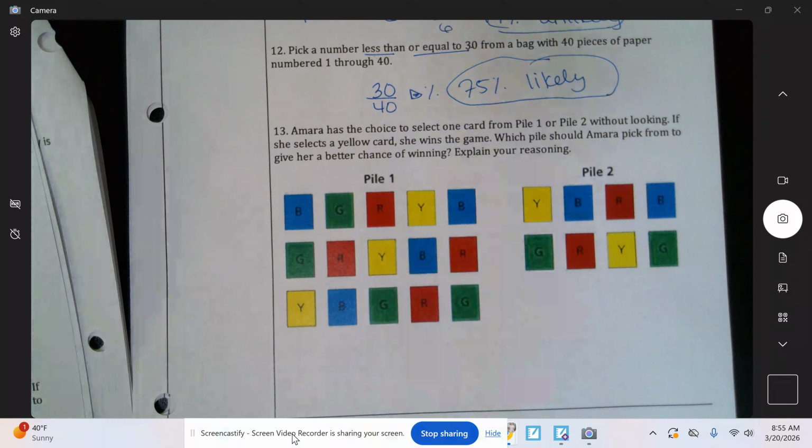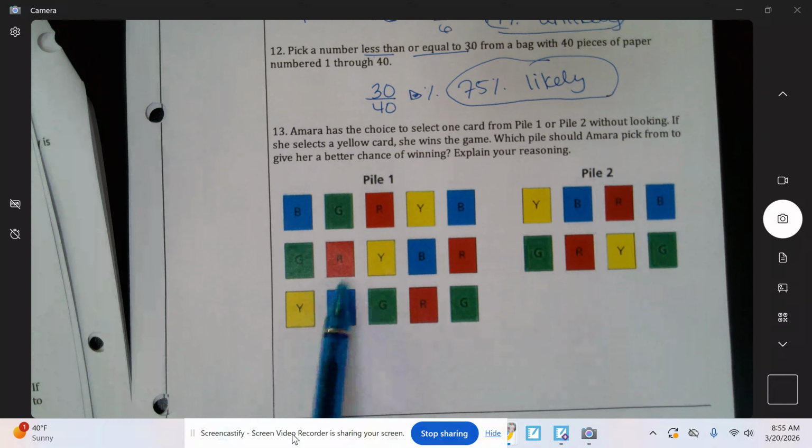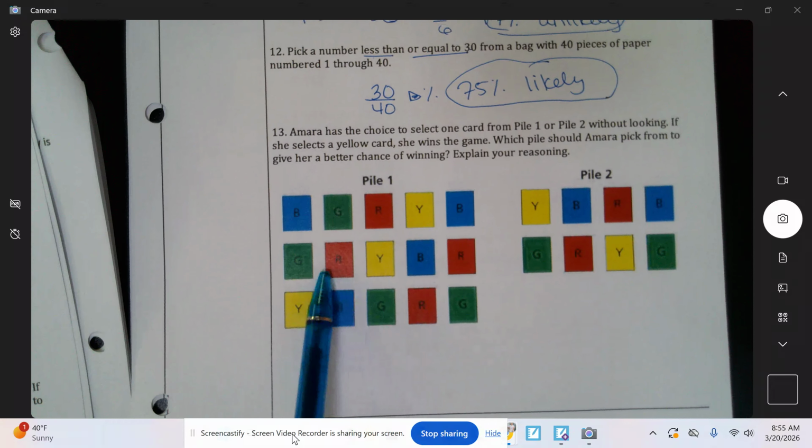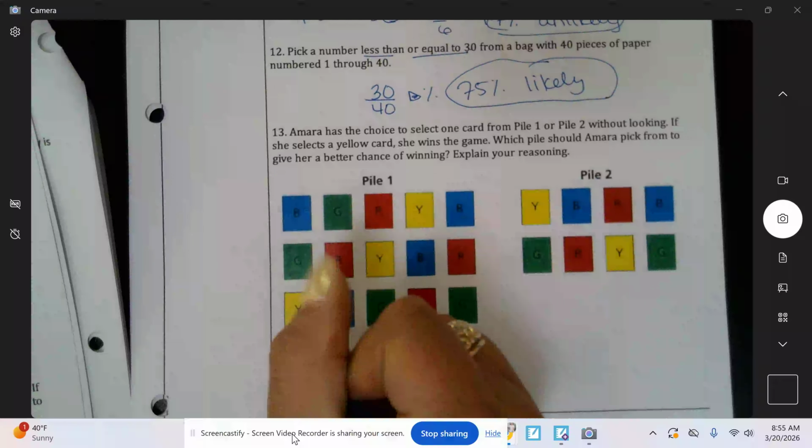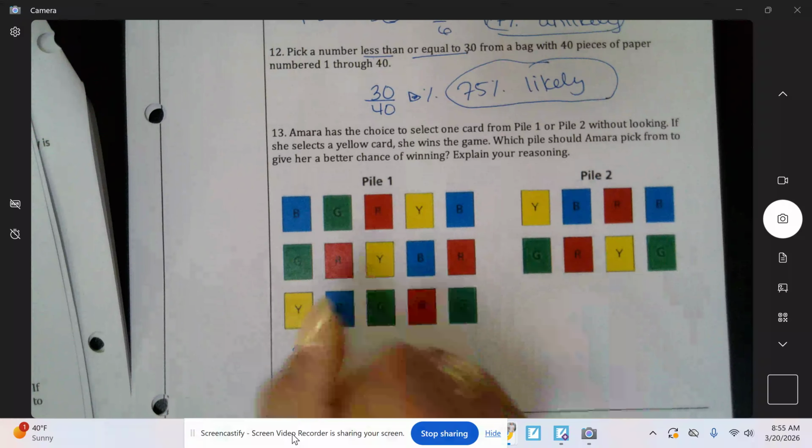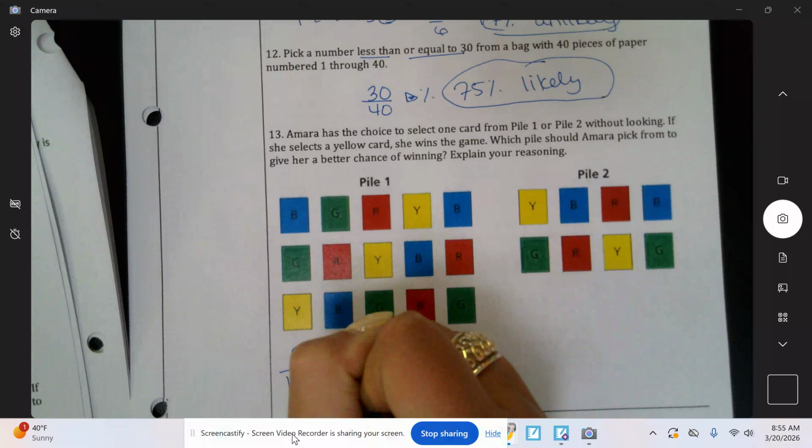Alright, so let's do the math to see if you're right. Do the math to see if you're going to win. What is the probability of picking a yellow card here? 3 out of how many? 15, which is what as a percent?